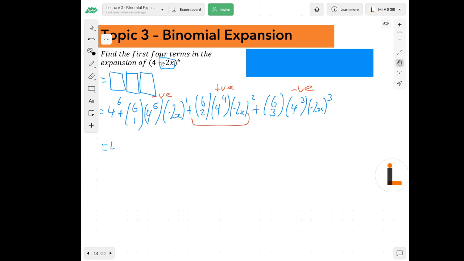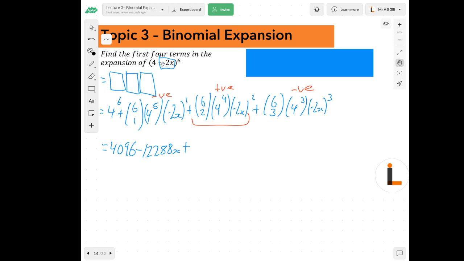So we should get the first one, 4096 plus, my apologies, minus some big numbers, 12,288x. This is going to be plus. So we've got 6 choose 2 times 4 to the 4 times 2 squared.